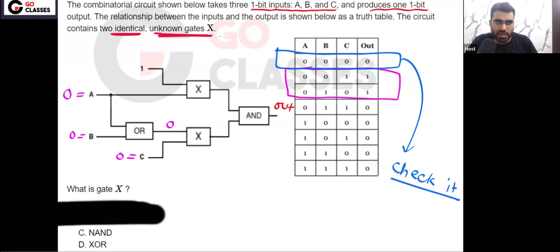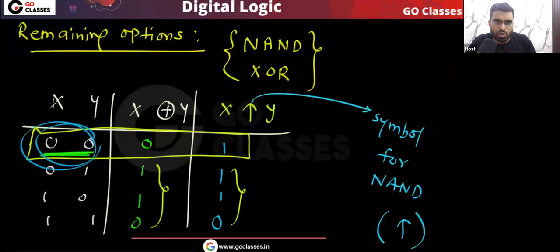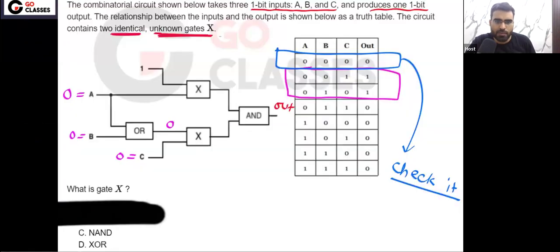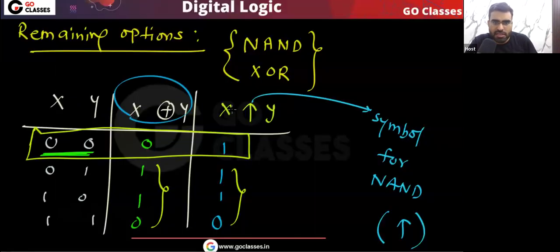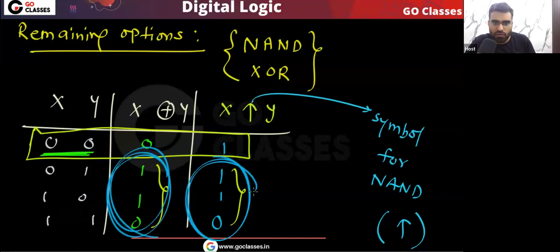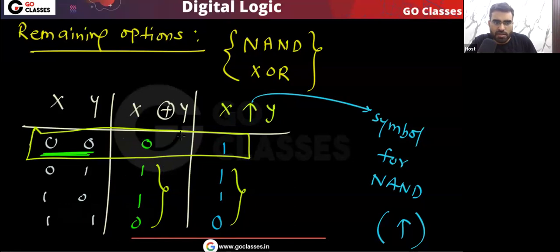Only two options are remaining, NAND and XOR, and the differentiating input is 0 0. You can see this is XOR, this is NAND. They are basically the same and will always give you the same things other than this case. This is the differentiating case. Can I say?